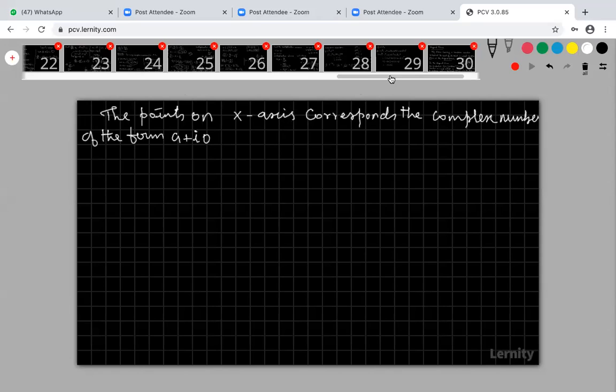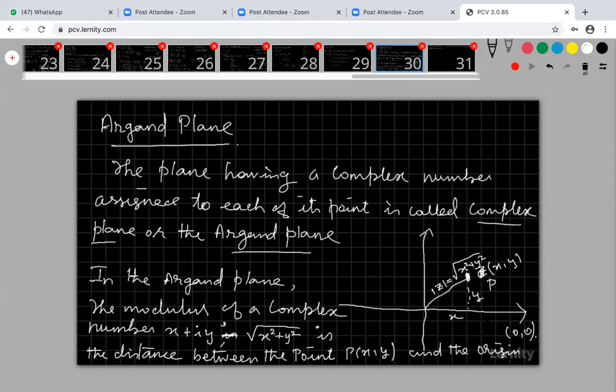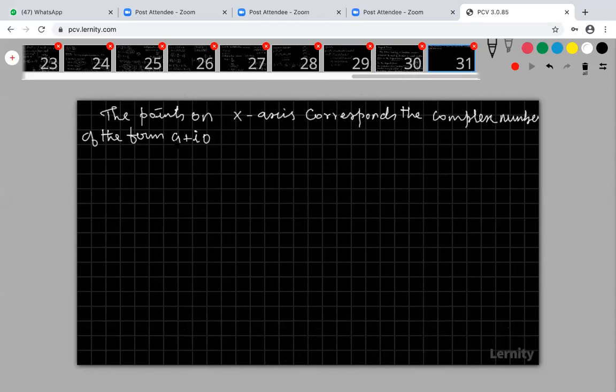If you take a point on the x-axis in this diagram, that complex number is represented as a comma 0, or x comma 0. Therefore this is represented as a plus i0. The point is a comma 0, but the complex number is represented as a plus i0.